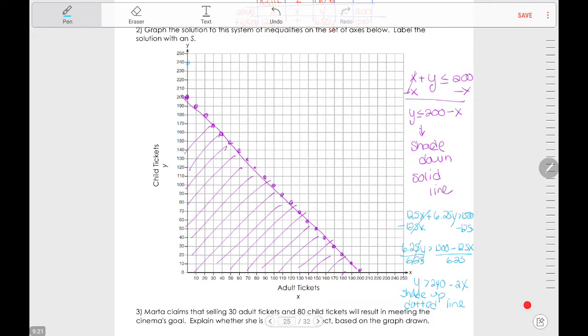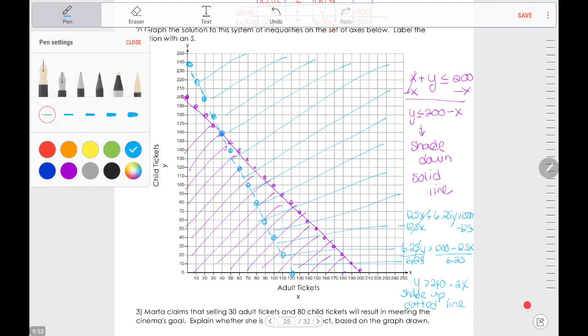So 240, down 2 over 1. And that's going to shade this way.